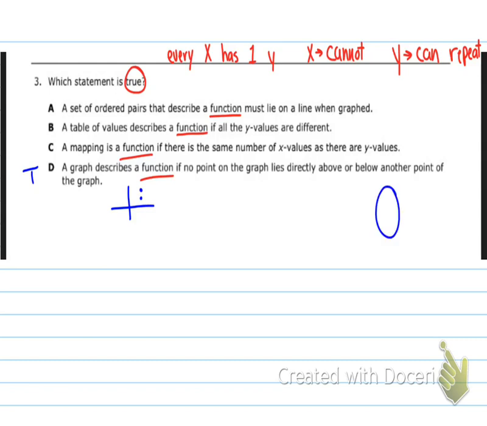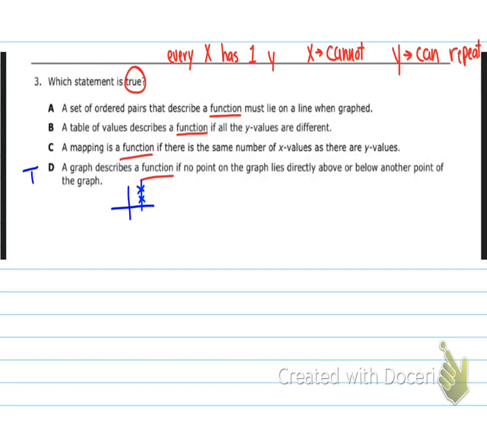And in order to pass a vertical line test, the line cannot cross more than once. If I just draw a vertical line right here, it would fail because it crosses more than once. If that never happens, then I do have a function.